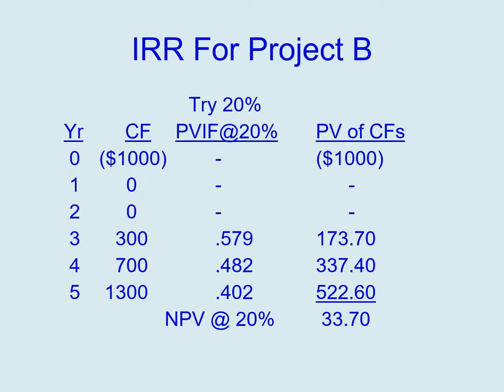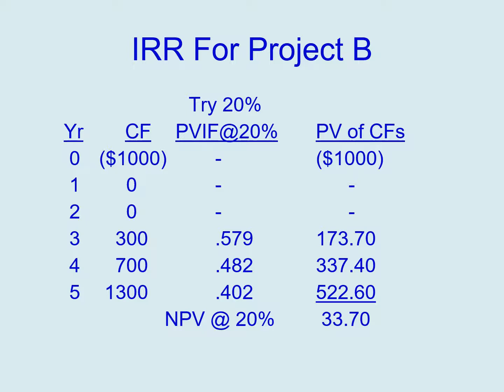I have my $1,000 initial investment followed by 0 and 0 in years 1 and 2, $300 in year 3, $700 in year 4, and then $1,300 in year 5. Okay, so trial and error. I just have to pick a discount rate that I think will give me an NPV of 0.